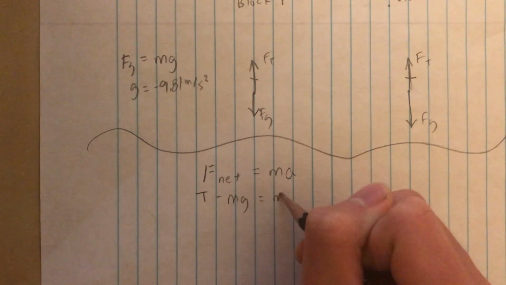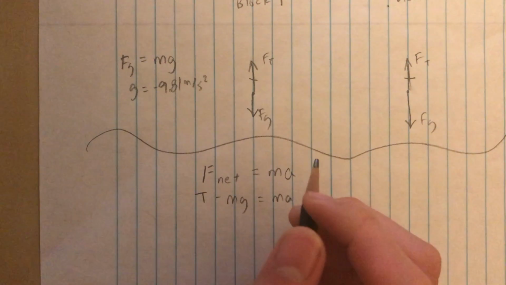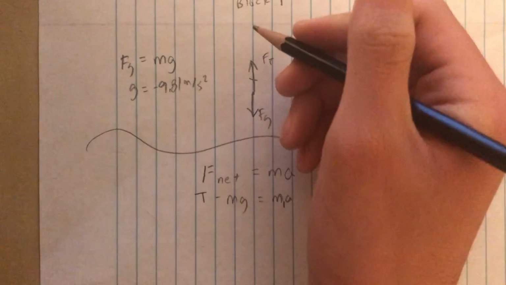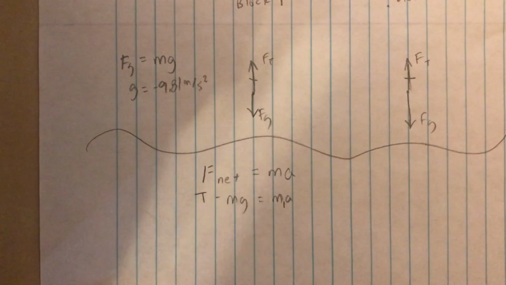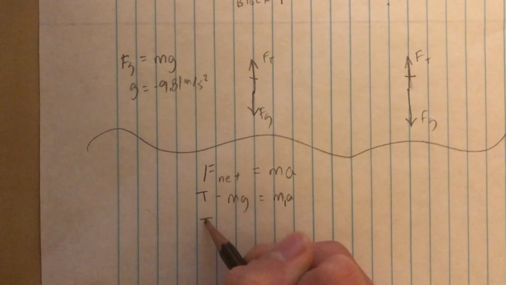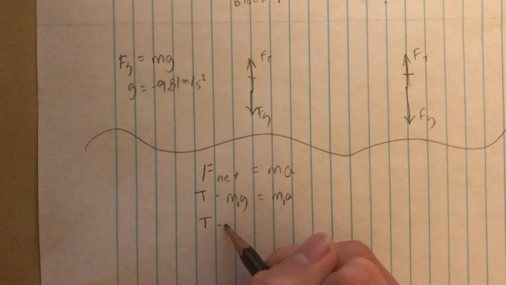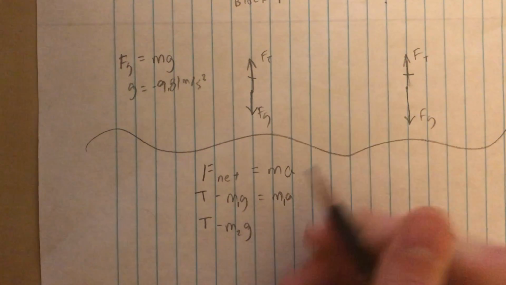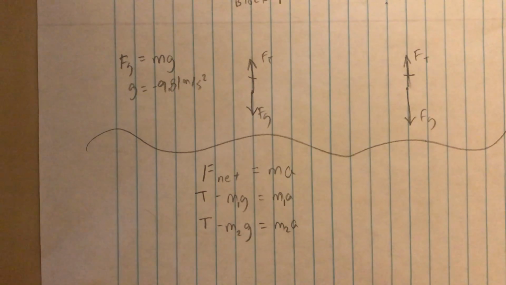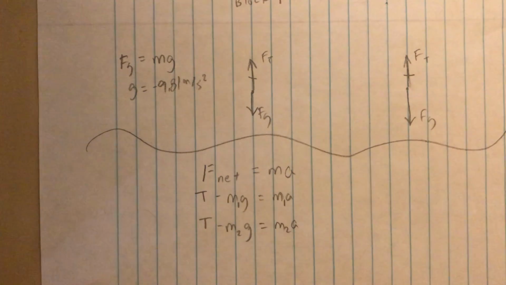This equals ma from the equation above. We'll label this m1 for mass of the first block. And then we just do the same thing for the second block. The tension is equal, so we'll use T again. Now you have mass 2 times acceleration due to gravity, and then mass 2 times acceleration. So we just used Newton's second law and plugged in the variables from both blocks.